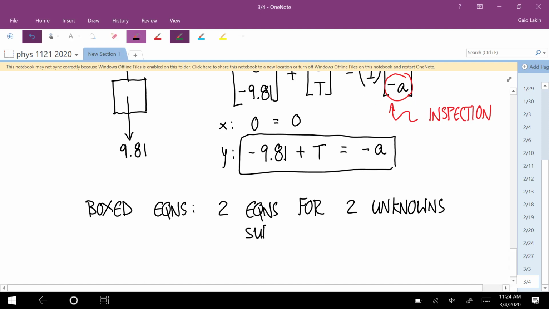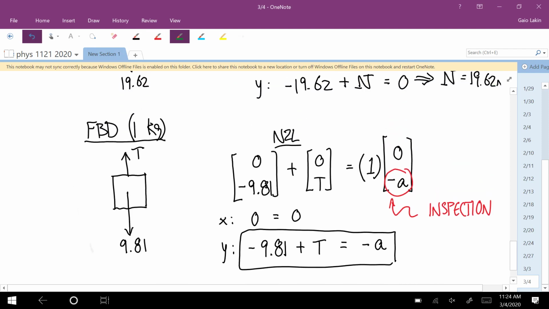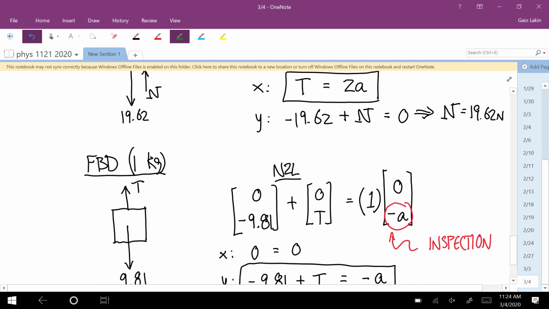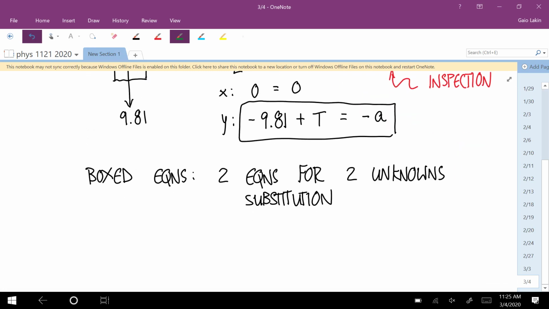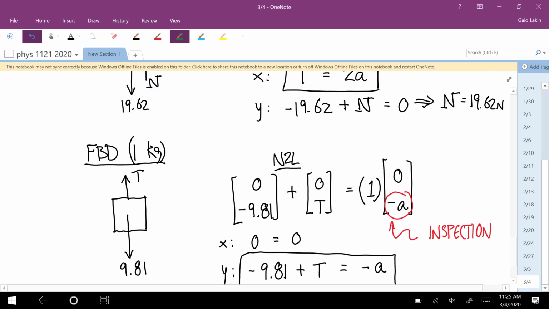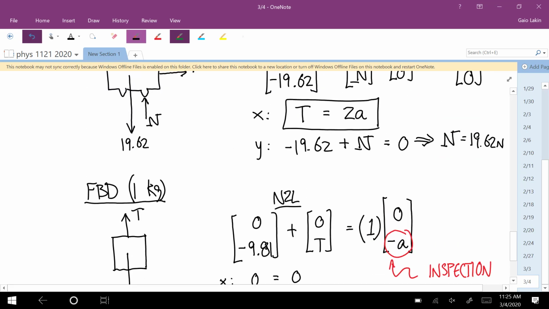And you can do that by substitution. Okay, well, if I plug the first one into the second one, I can just replace the T in the second one with 2A.